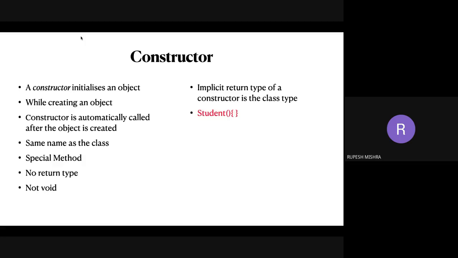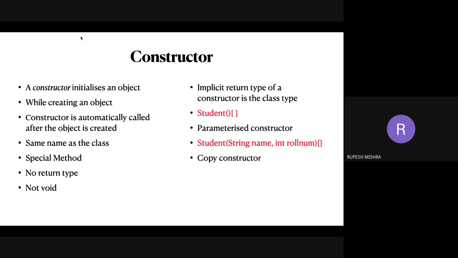This is your default constructor, where the parameter list is empty. You can write whatever code you want inside, or keep the brackets empty. There is the parameterized constructor, where you have to pass parameters, and lastly the copy constructor, which takes as input an object of class Student.